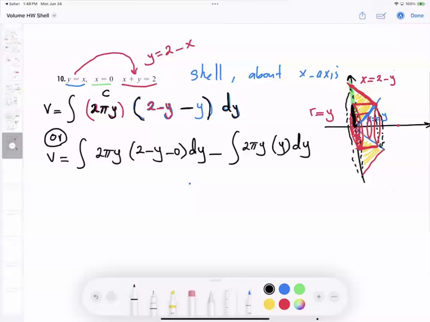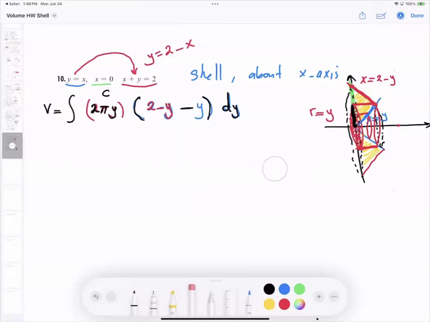Very good. So let me erase the second one here and calculate this integral for you. And remember that your y is bounded between 0 and 1.